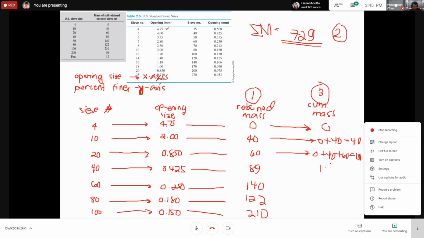Next is 189, then 329, then 451, then 661, and 661 plus 56 is 700.